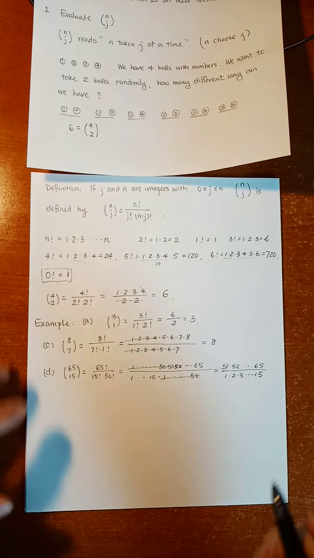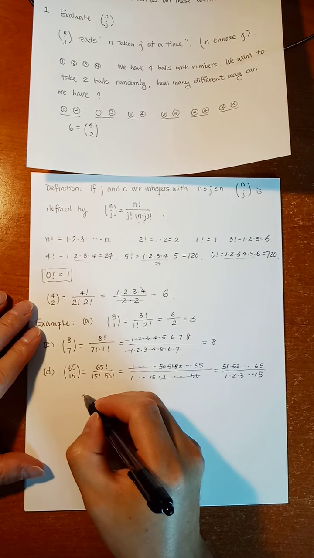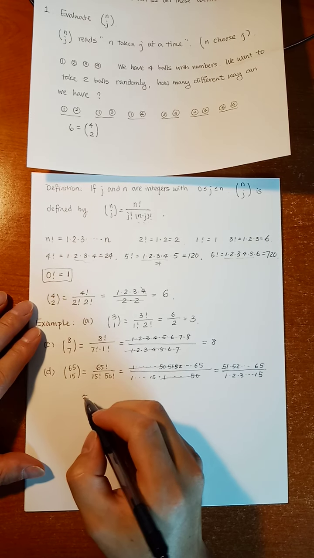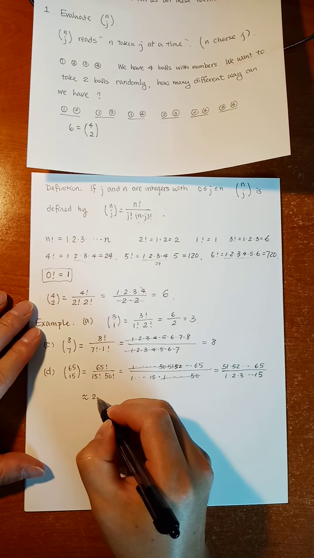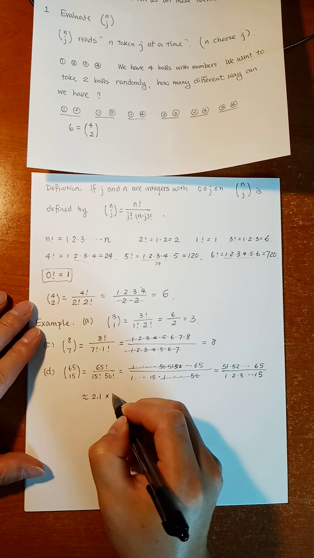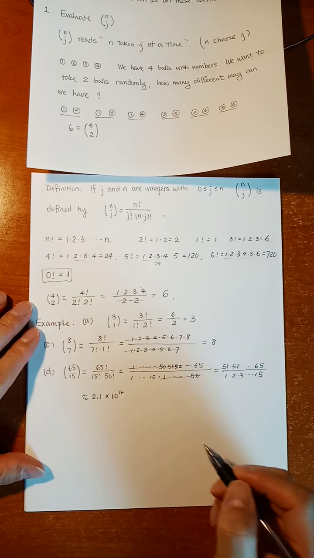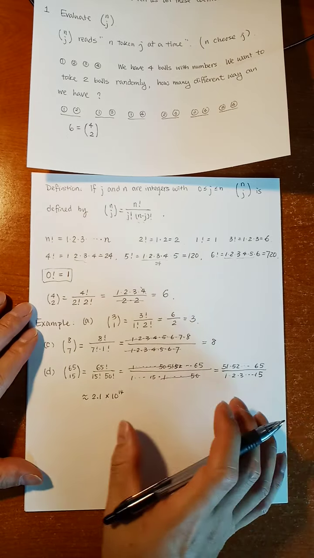All right. In the textbook, they give an estimation. The estimation is like 2.1 times 10 to the power 14. So you have 14 zeros.